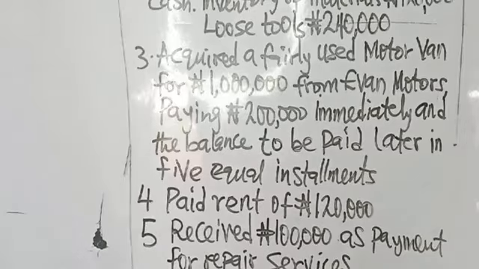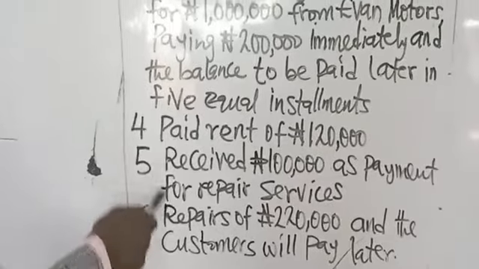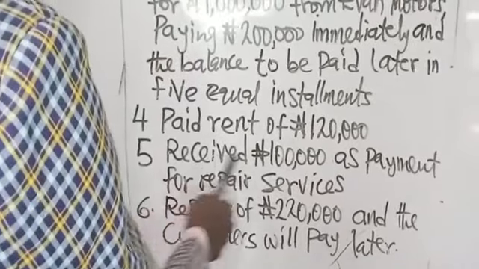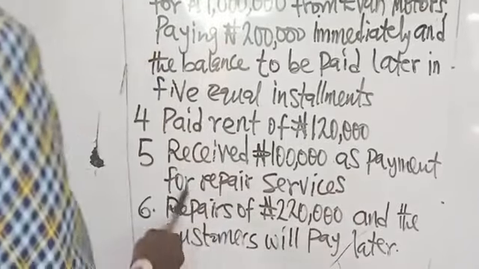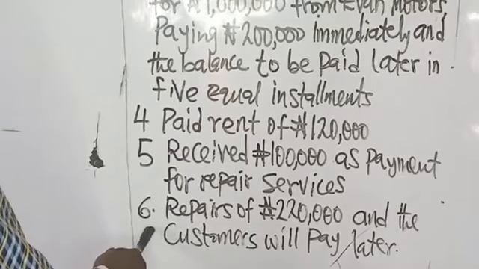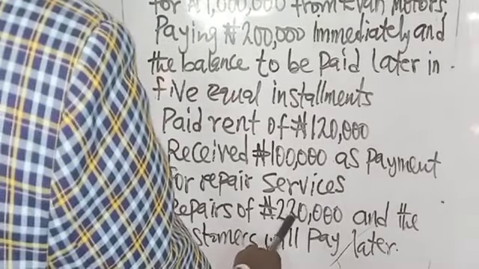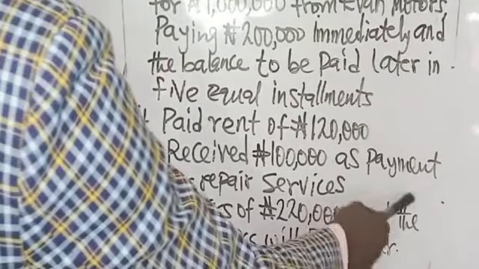October 4th, paid rent of 120,000 naira. October 5th, received 100,000 naira as payments for repair services. October 6th, repairs of 220,000 naira, and the customers will pay later.